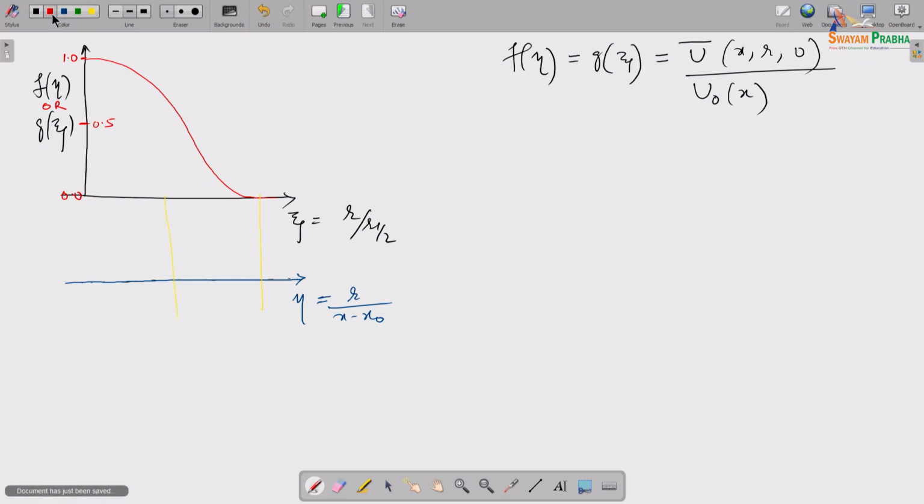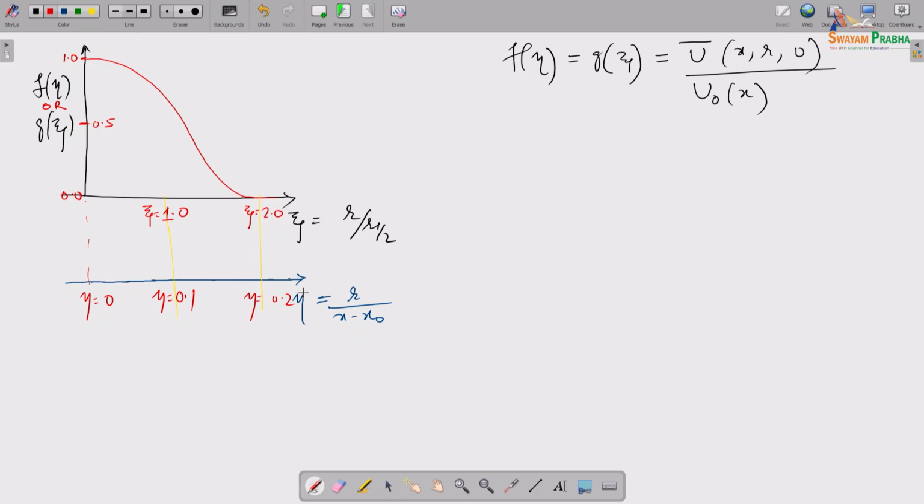So this is zeta equal to 1, this is zeta equal to 2, and here eta is equal to 0, eta is equal to 0.1, and eta is equal to 0.2. So this is something again we had seen earlier.